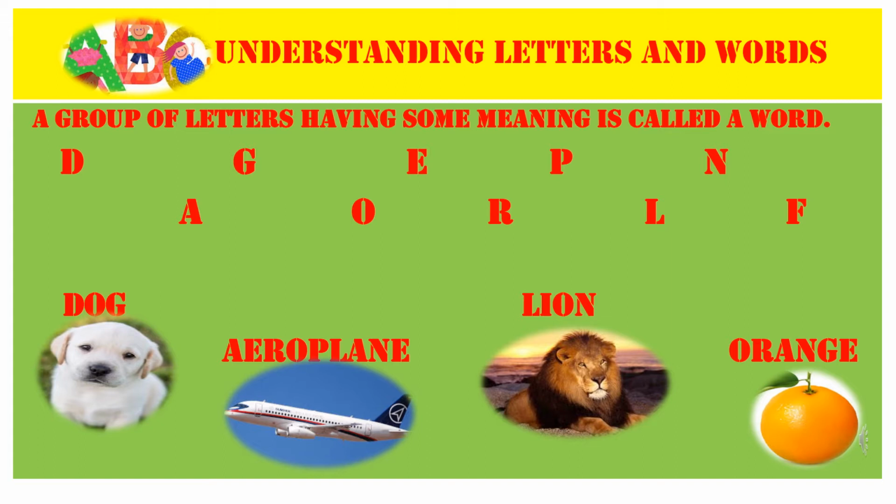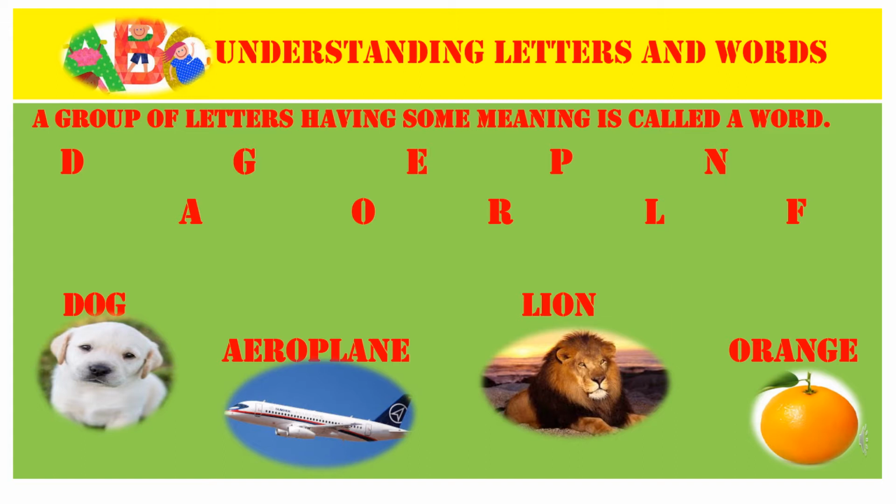Find the letters of dog in these alphabets that I have written. The first letter is D. Then what is the spelling of dog? The second letter is O. Take the letter O. The third letter is G. D O G. See now, the picture is of a dog and you have written its name.